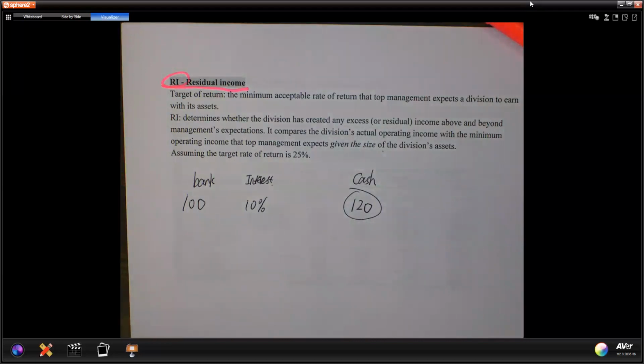You will say, I need to return the 100 to bank, so I still have $20. Is that right? No, because bank doesn't just want 100 back. Bank also wants to get its interest. So what really has to be paid?